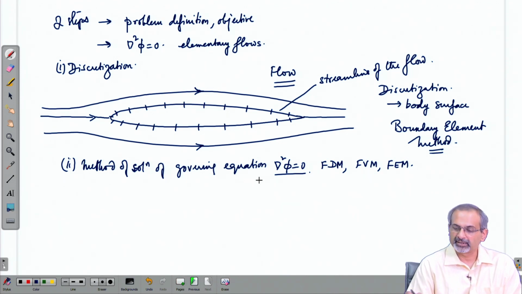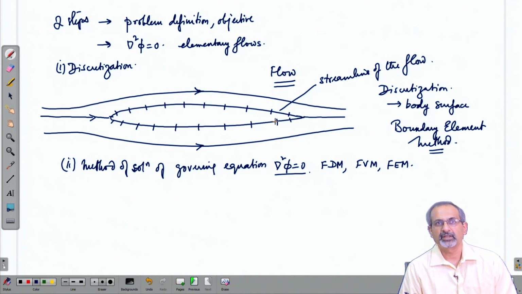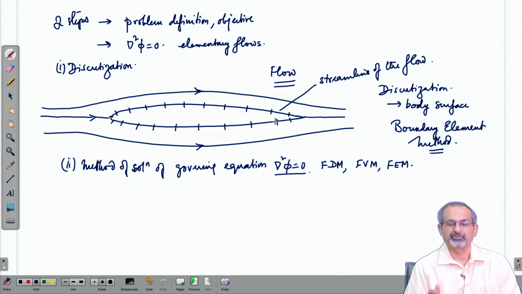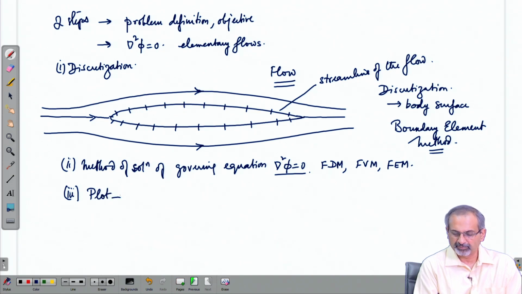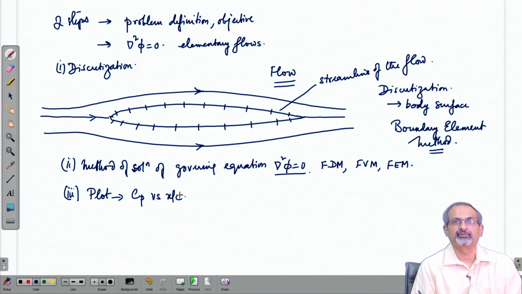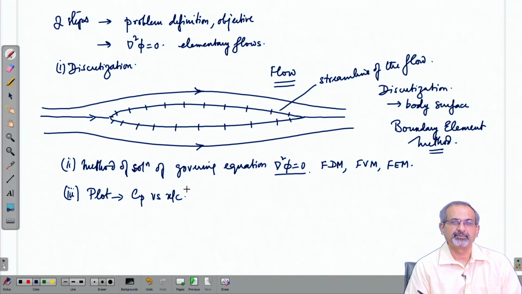We are going to use panels on the body surface, and we are going to solve for the strength of the singularities which we will distribute on the panels. That is how we are going to solve Laplace equation here. And then finally, once we are done with the solution, we should be able to get the numbers which we can plot. So, here we can plot, for example, the Cp versus x by c for the airfoil. You cannot plot anything related to the flow field, please keep in mind.